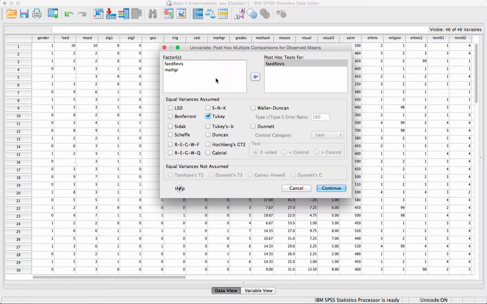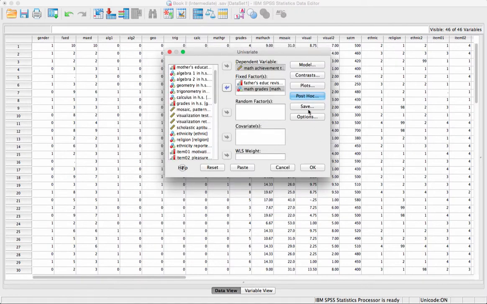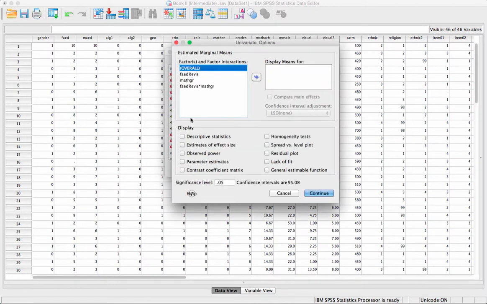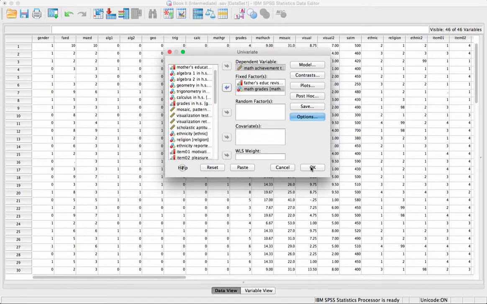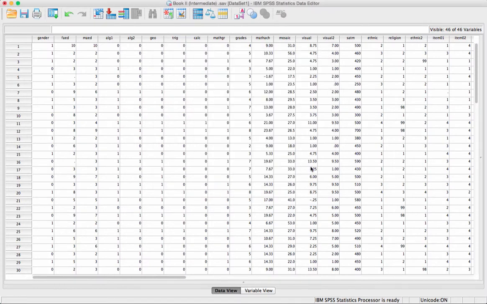What you have to do is go up and just simply look at the means. And then under options, I want descriptives, estimates of effect size, observed power, and homogeneity tests. And then we'll go continue and then OK.